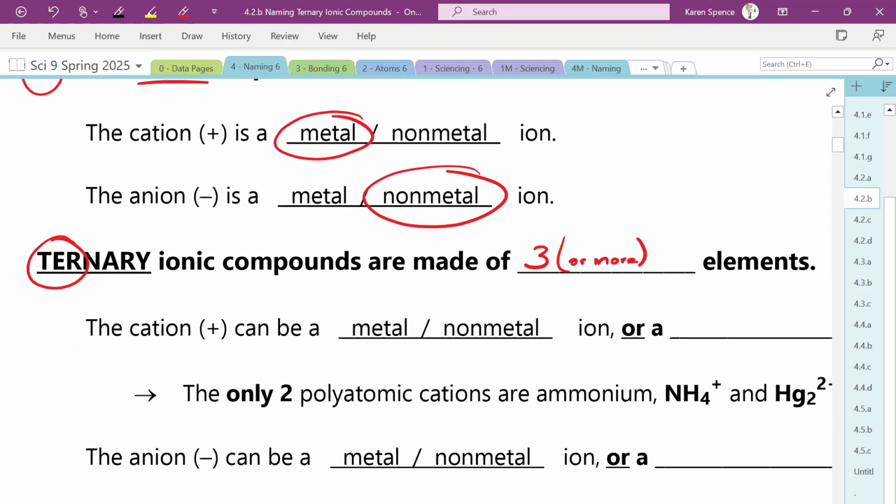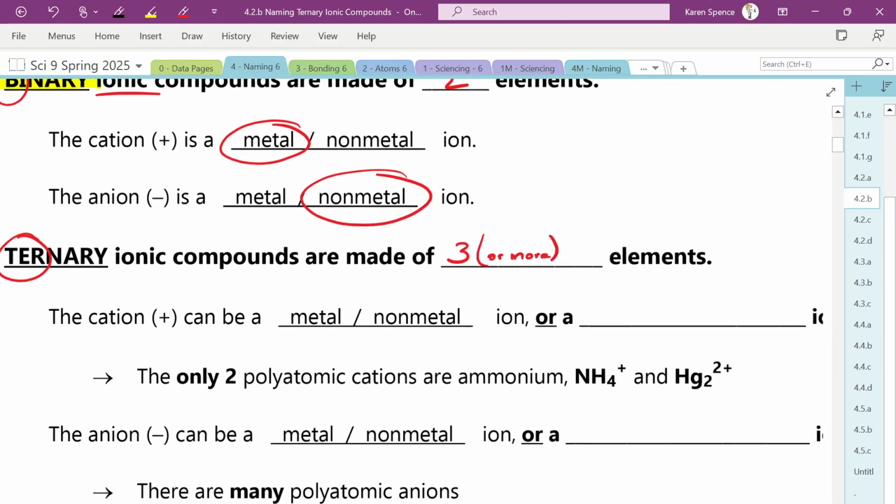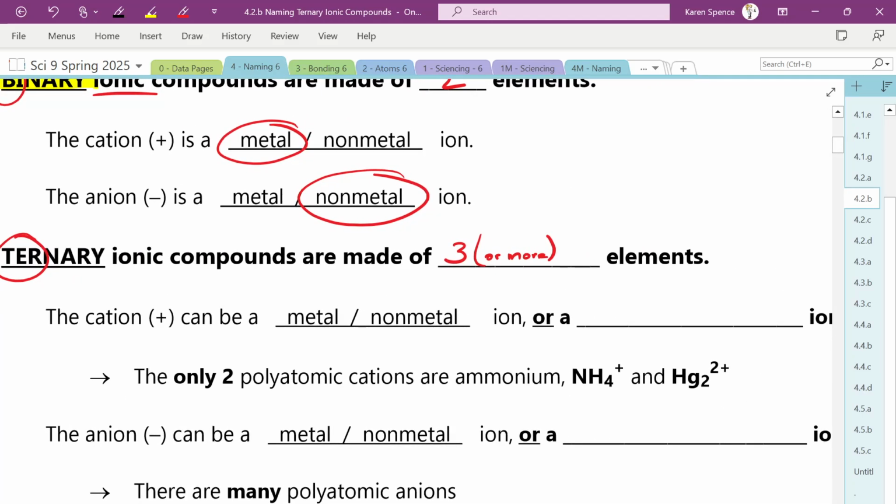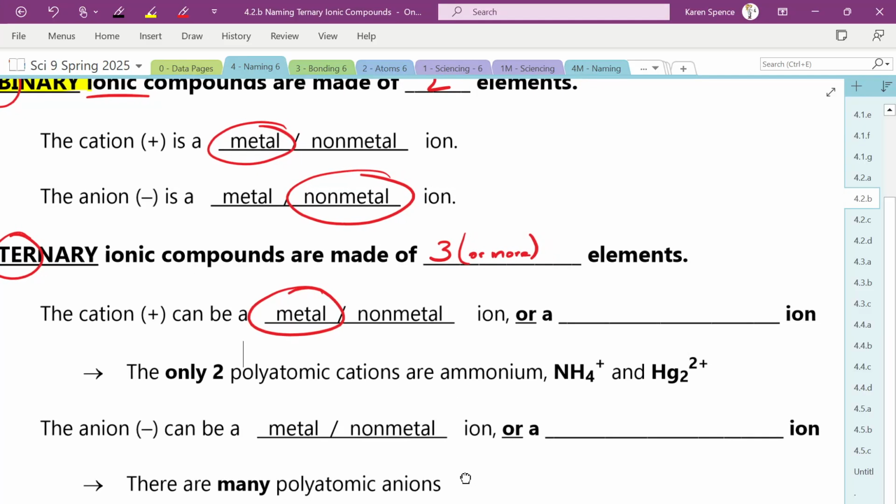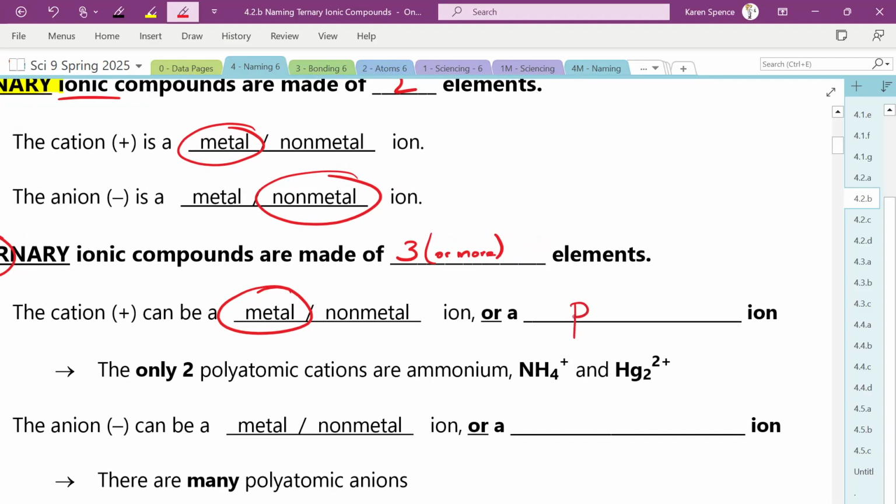But what we do need, Logan, do you have your book? Excellent. We're on page 47. The cation can either be a metal or it can be a polyatomic ion. And usually this one is going to be NH4+.